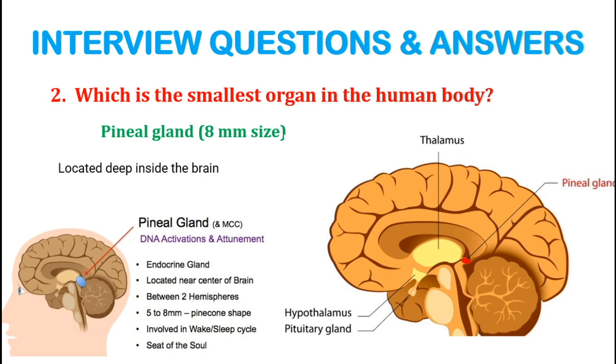Here you can see the red color mark, and this pineal gland is related to the endocrine system and is 5 to 8 millimeters in length. This is present between the two hemispheres and is involved in the wake and sleep cycle of the human body. This is little information about the pineal gland.